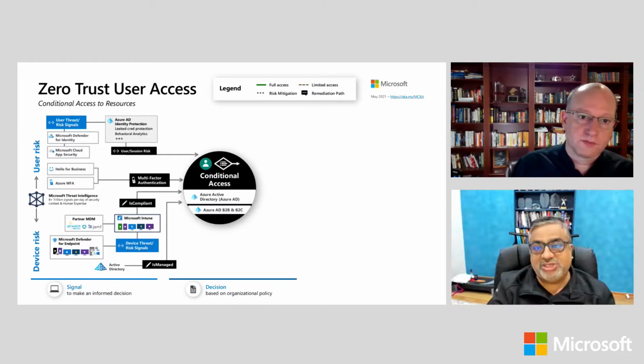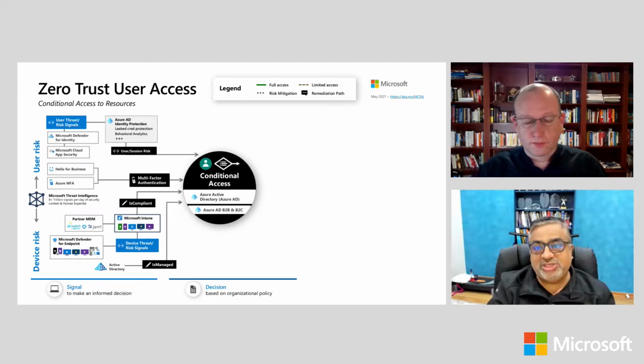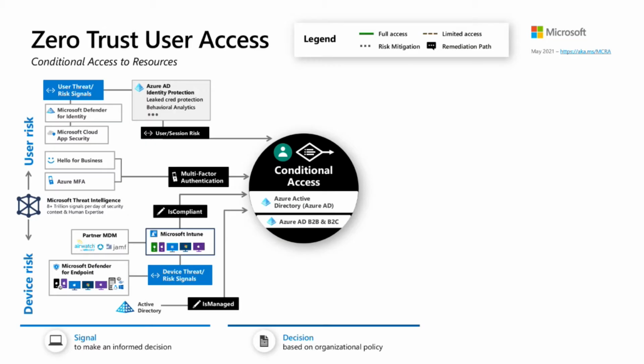At the same time, we also want to know from the device point of view. Now in device, we want to analyze two critical areas. One is the security posture of that particular device in terms of threat, whether that device is infected with a virus or malware or ransomware. Second, we want to know if the device being used by the employee is managed or unmanaged, and what the current compliance factor of that device is.